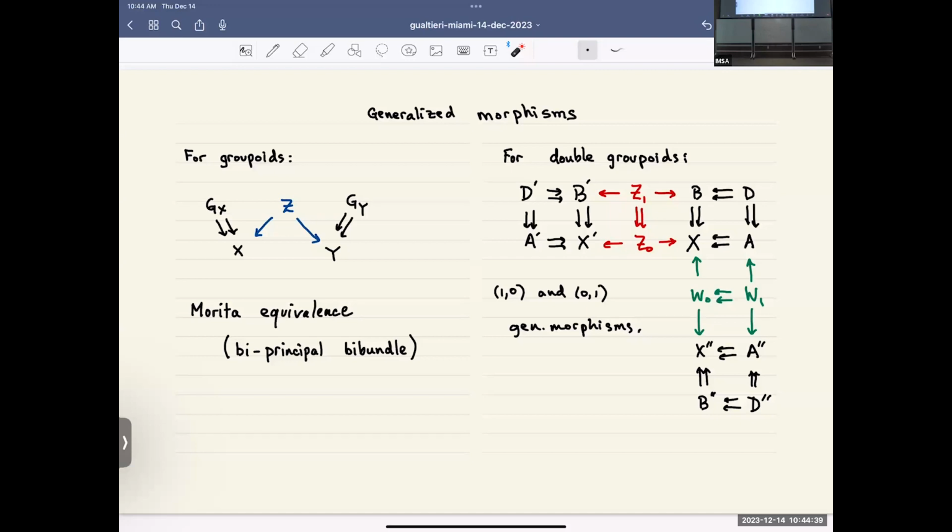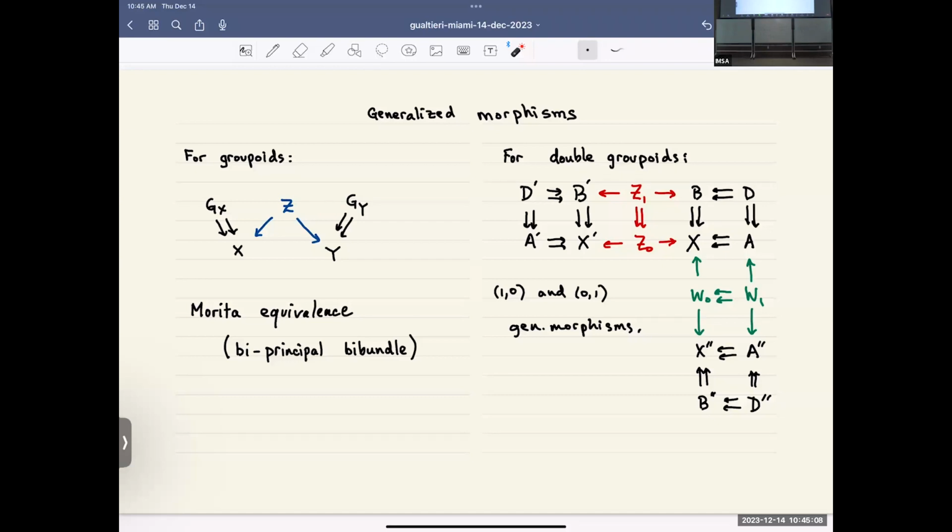Now, on the right-hand side, what do we see? For double groupoids, you could think of double groupoids as groupoids in groupoids, but in two ways. You could think of this as a groupoid over this, or you could think of this as a groupoid over this. So it's like one of those really irritating menus, like 4 cheeses and 3, something like that. So two groupoid structures, yeah, it's a double groupoid.